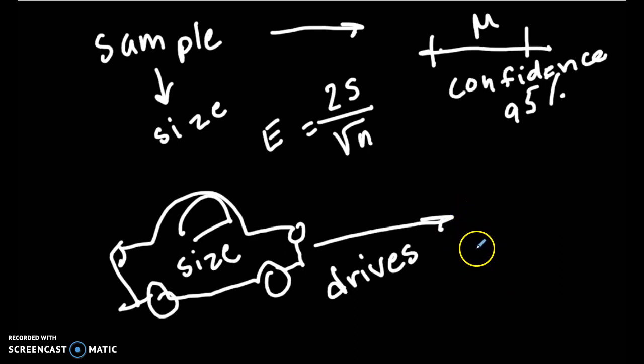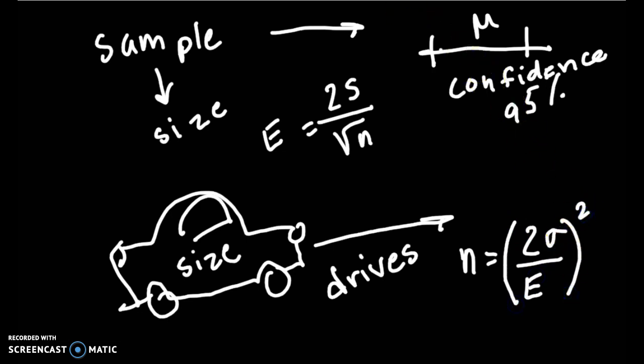The second part of your chapter talks about that, and you solve this formula for n. You'll find that n is equal to 2 sigma over the margin of error, the quantity squared.